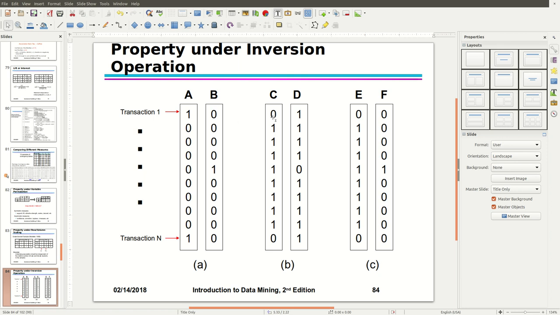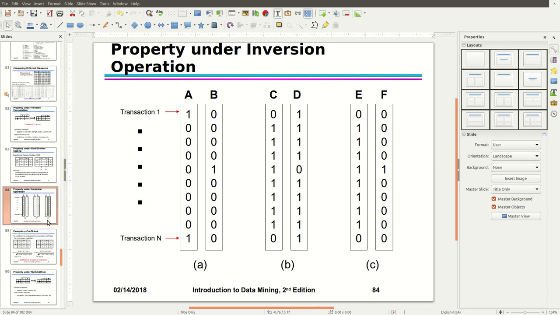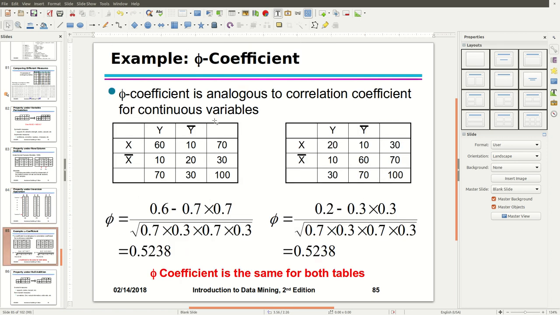Like when there's 1, there's 0, and when there's 0, there's 1 in C and D. And E is more like C again. So what you care about here is, if I invert, do the results change? So some properties do not and some do. Again, you can use counting and look at it.